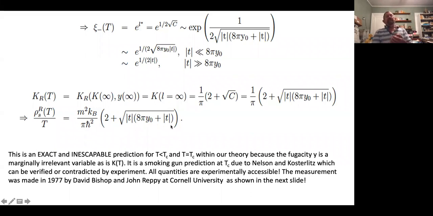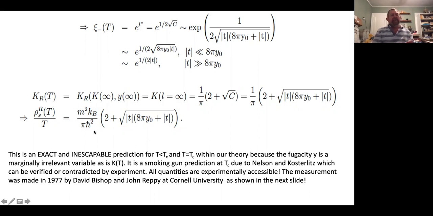That's when t is close enough to TC. Now, the important point is that this is particularly true when we're at TC, in other words, where little t is 0.